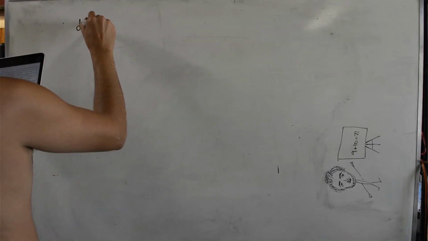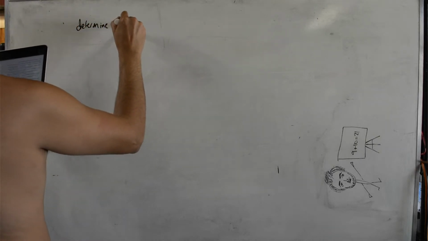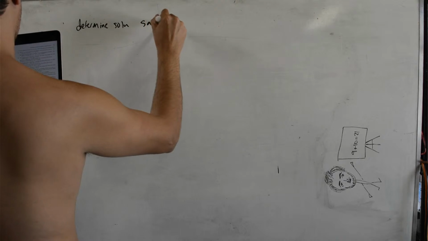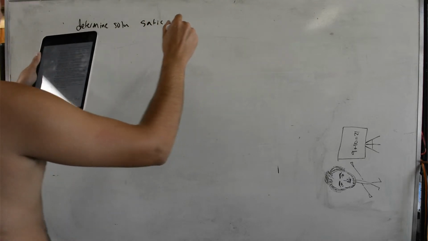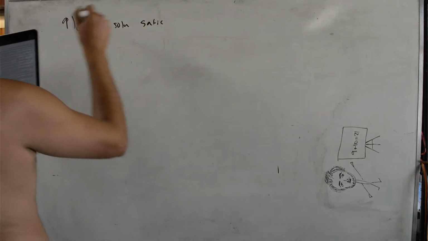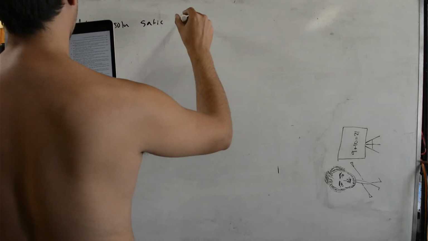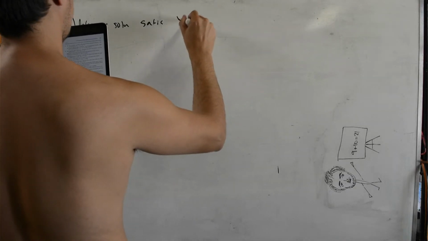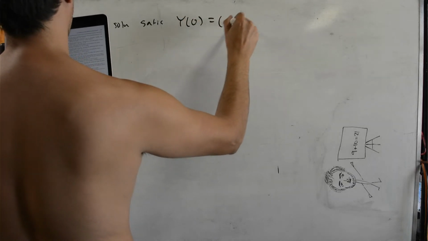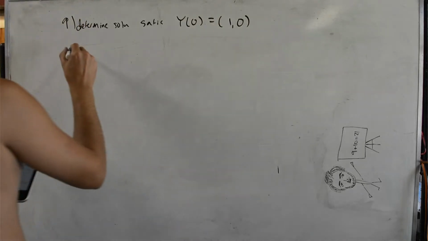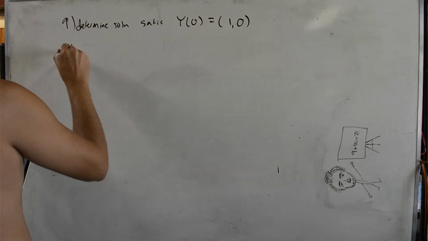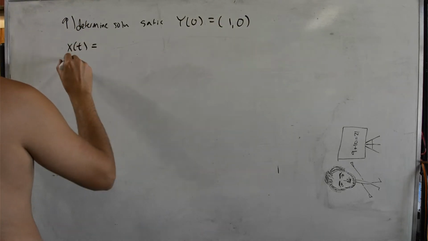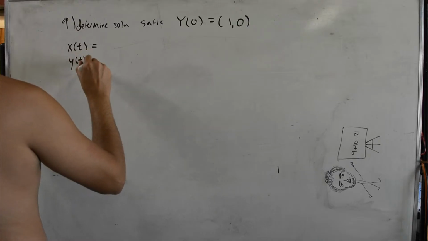Determine the solution satisfying the initial condition. This is 9. Y of 0 equal to 1, 0. Okay, so our differential equation solution was x of t, y of t, I forget what it was.